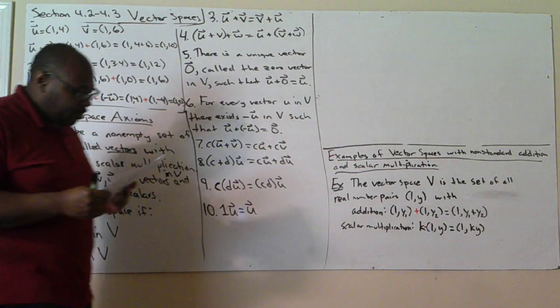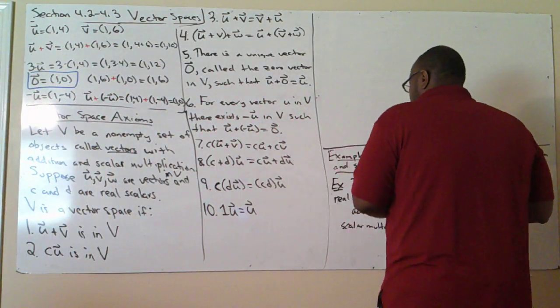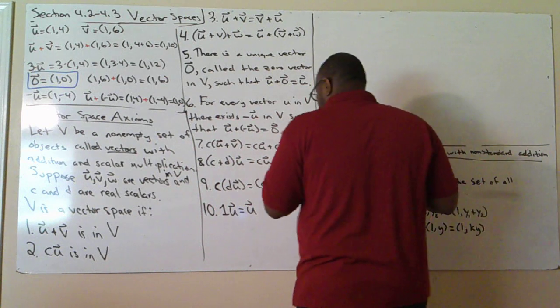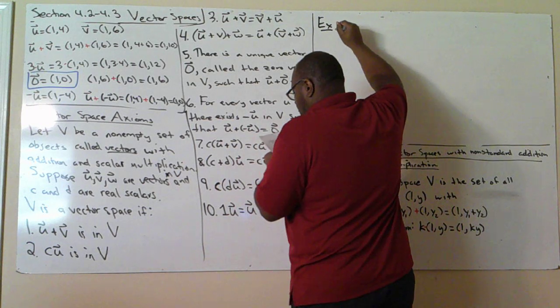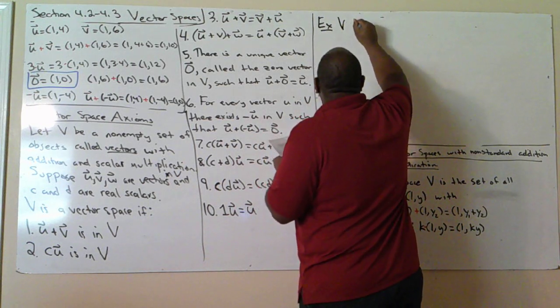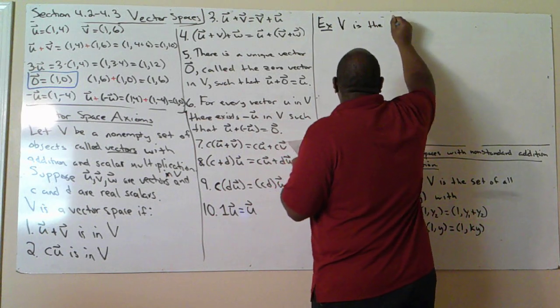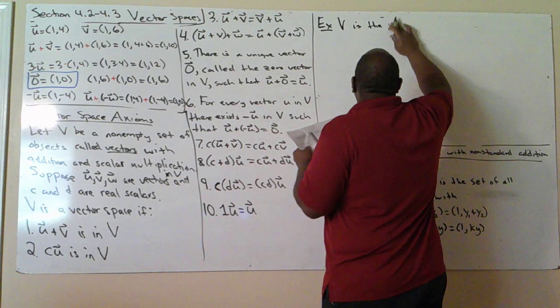This one's an interesting one as well. V is the set of all positive numbers. It is a vector space.